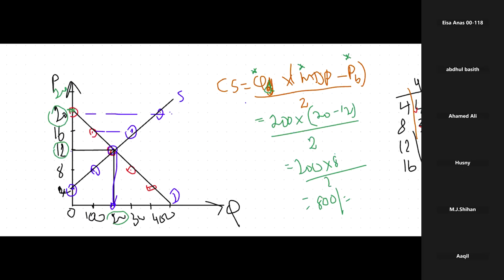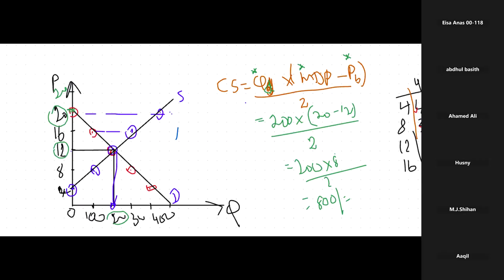Now we'll come to the calculation of producer surplus. Very simple formula.